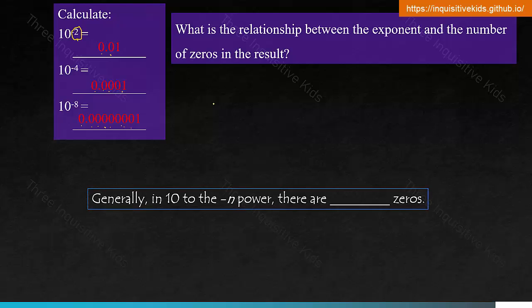Generally, in 10 to the negative nth power, there are n zeros. So if I had 10 to the negative 5th power, there would be 5 zeros, including the one before the decimal point. And if I had 10 to the negative 1,000th power, there would be 1,000 zeros.